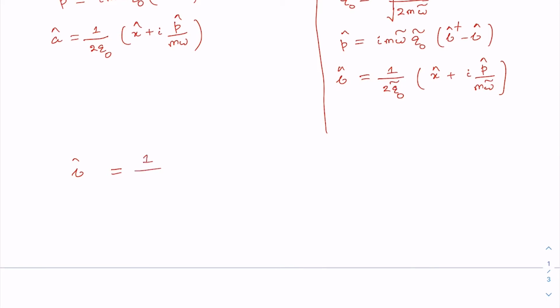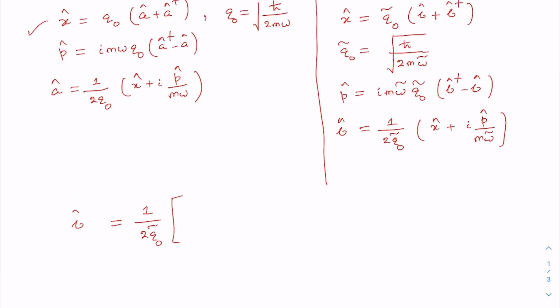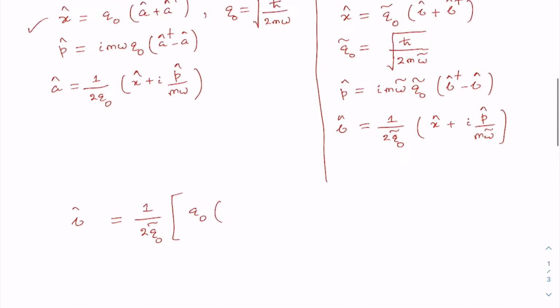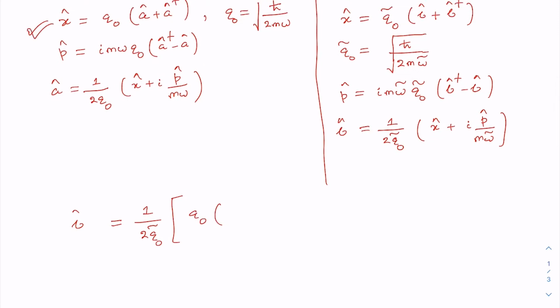So you have 1 by twice q0 tilde. x would be q0 times a plus a dagger, plus i times 1 by m omega tilde, and the p operator you can write as i m omega q0 times a dagger minus a.